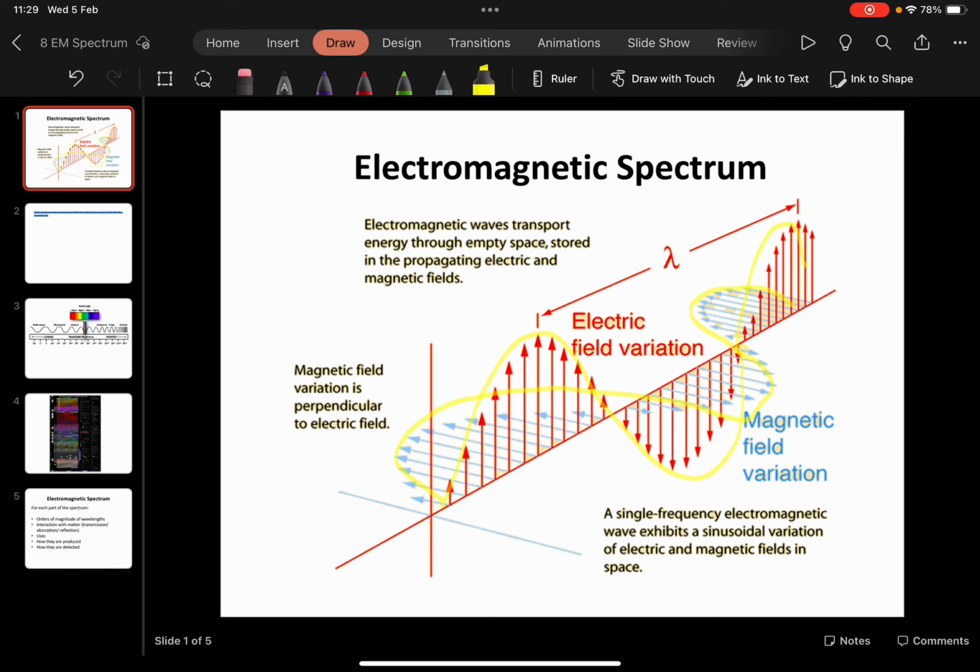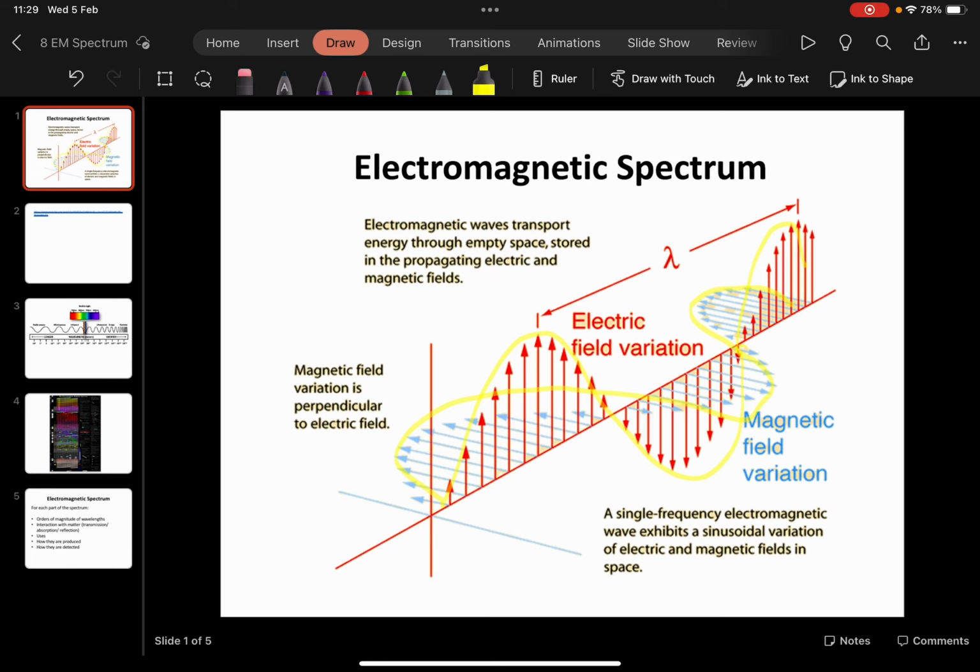There's a 90-degree angle between the way the electric field and the magnetic field are oscillating. The electric field looks like it's oscillating vertically, and the magnetic field looks like it's oscillating horizontally, and it looks like they're in phase. The peak of one wave matches the peak of the other wave. In other words, there is zero phase difference between the two of them.